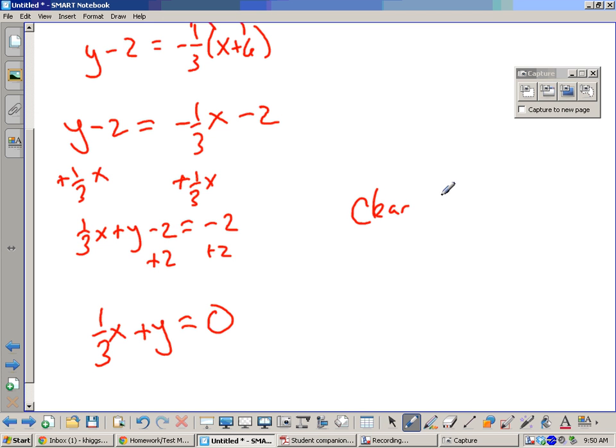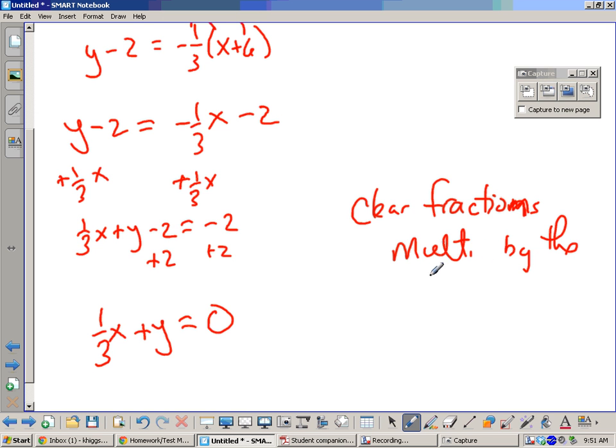So to clear fractions, you multiply by the denominator.